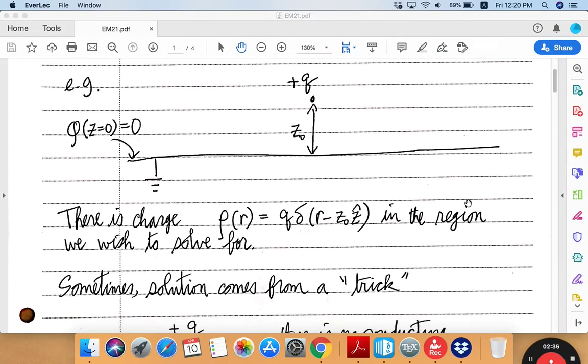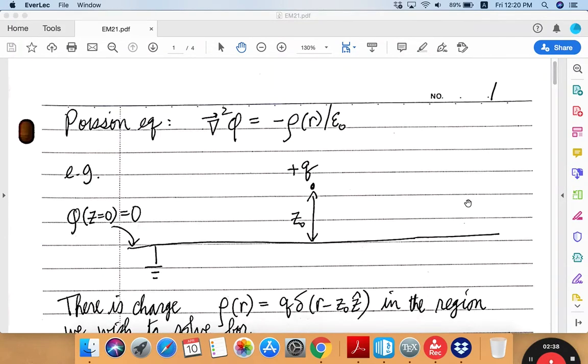And here we're not going to do it by that formal method, separation of variables, summing over an infinite series, and so on. But rather, we're going to just solve this problem by a trick.